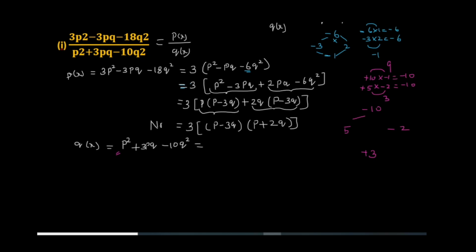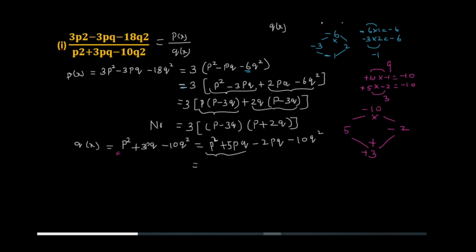When we multiply these two, we get minus 10. When we add these two, we get plus 3. Now split the middle term. 3pq can be split as plus 5pq minus 2pq, which gives plus 3pq, minus 10q squared.